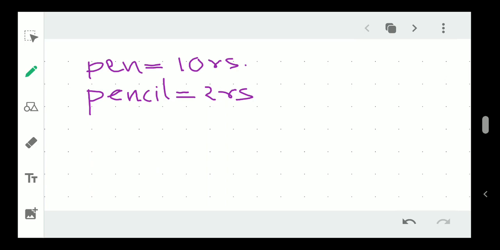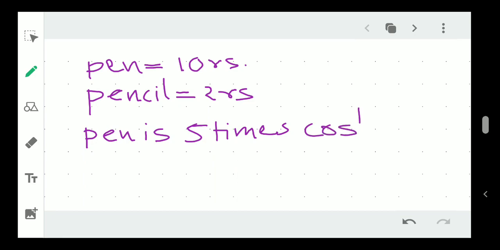So we can say the pen is 5 times costlier than a pencil.